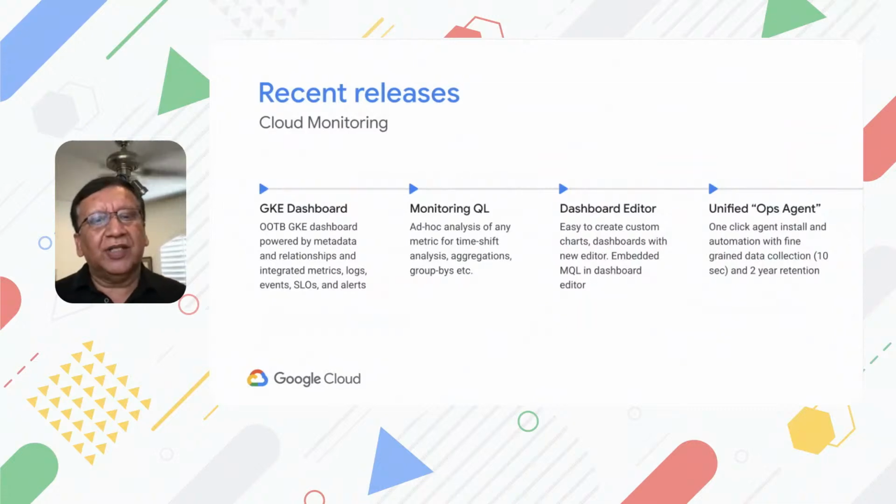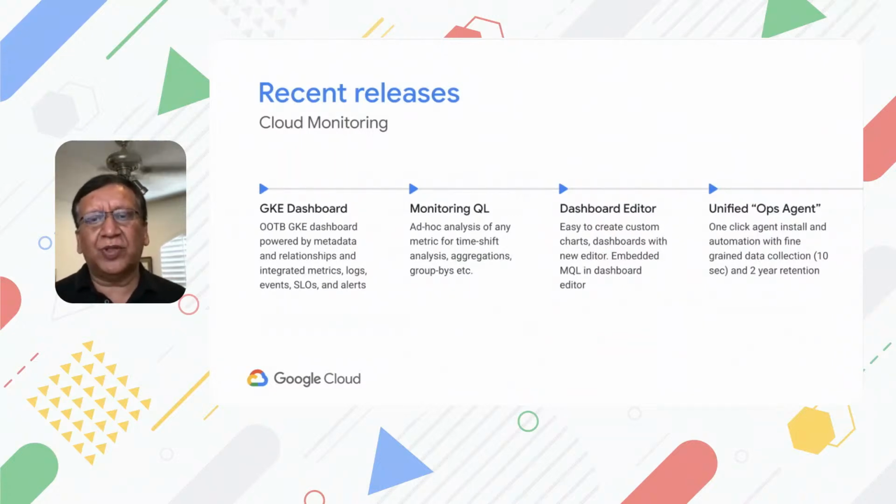Switching over to monitoring, there have been significant improvements there as well. The out-of-the-box GKE dashboard offers a comprehensive integrated view of metrics, logs, and events across your Kubernetes objects. It automatically identifies the top N unhealthy entities for each Kubernetes object category.